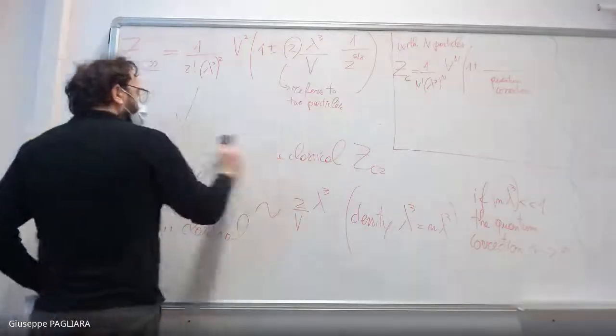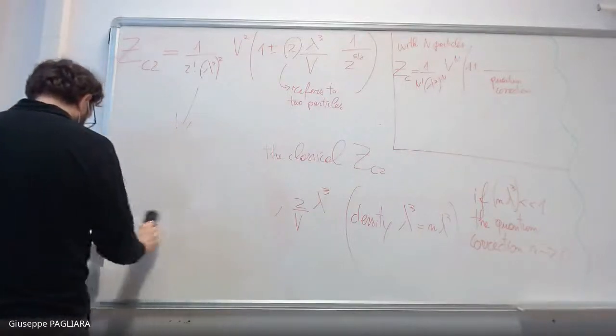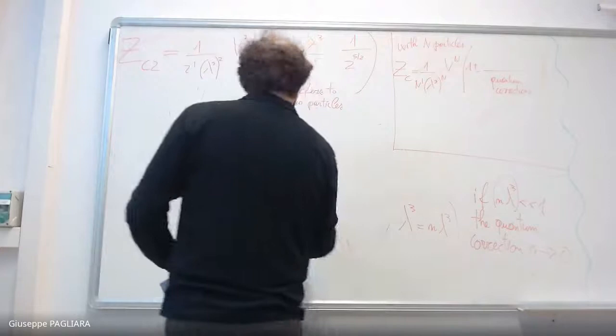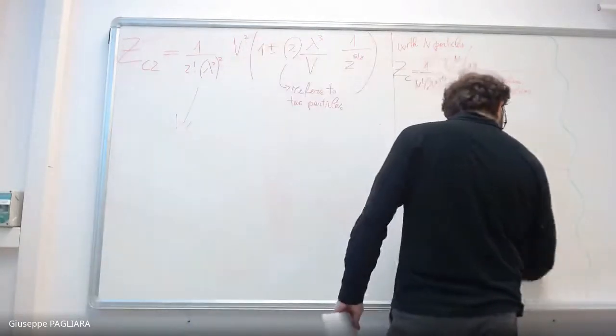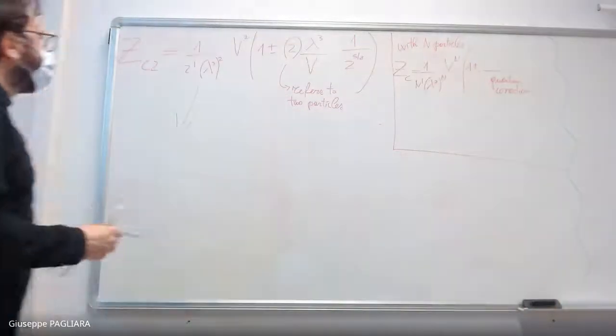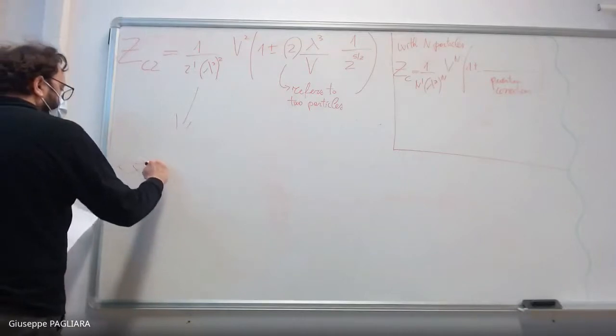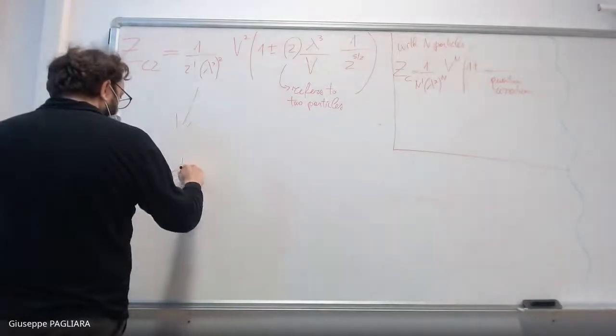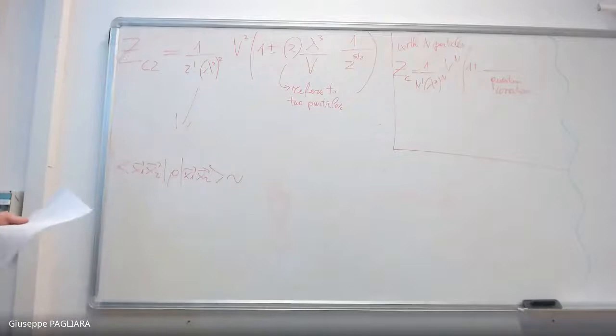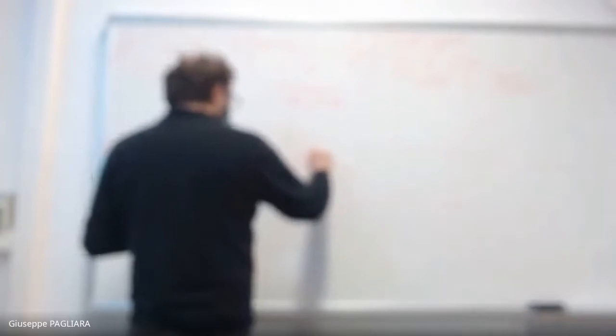Now let me comment on this also. This is the canonical partition function for two particles, and let me also write again the matrix element of rho, which is proportional, up to some normalization, to 1 plus or minus e to the minus 2 pi over lambda squared times the modulus squared of x1 minus x2.